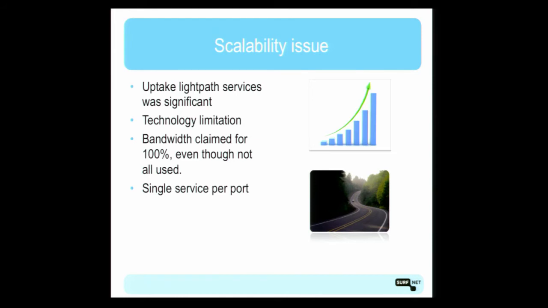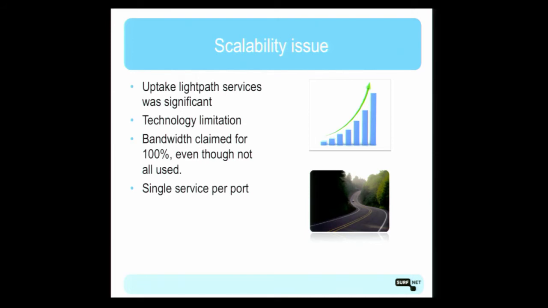And that's the next thing. By having an SDH core network, you really claim the bandwidth hard on your network. So any 1 gig service is taking that bandwidth away from your network. You don't do any reuse of the bandwidth, and as an effect, even though the bandwidth is claimed for 100%, it tends to not be used at all for 100%.